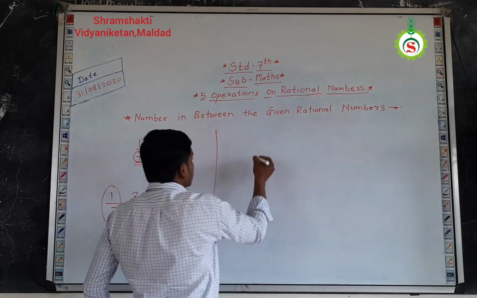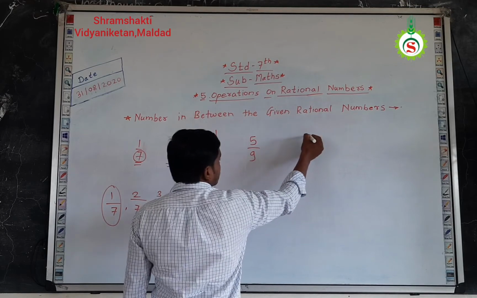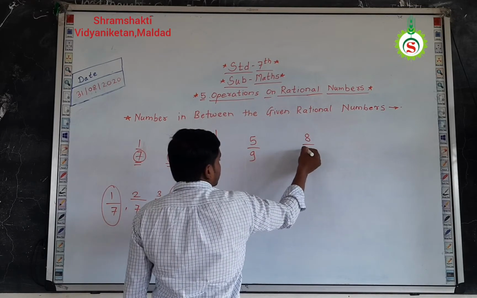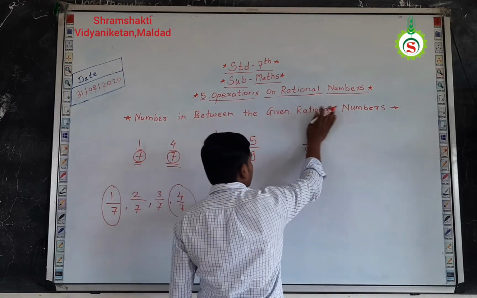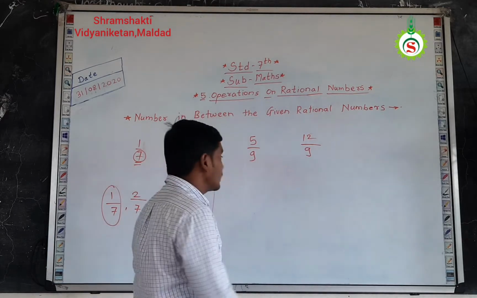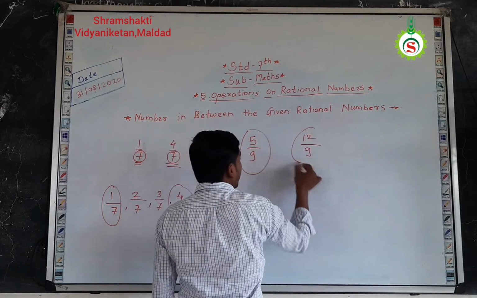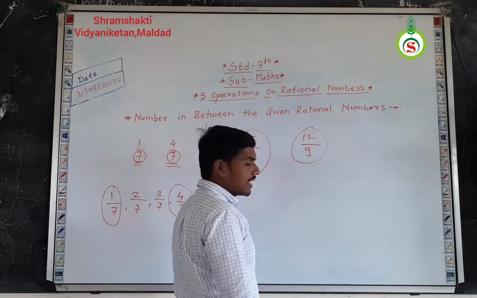Now suppose I have the numbers 5 by 9 and 12 by 9. How will I find the numbers in between them?